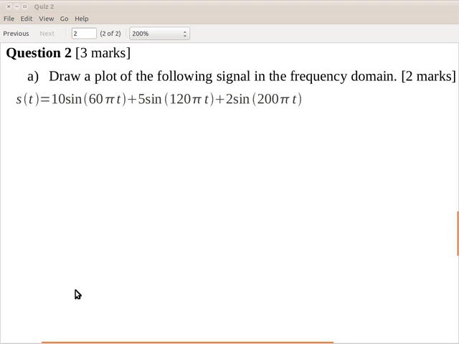This signal occupies frequencies from 30 up to 100, gives us a bandwidth of 70 hertz. The maximum frequency component minus the minimum. So the second question, or part B down here, was what was the absolute bandwidth of that signal?